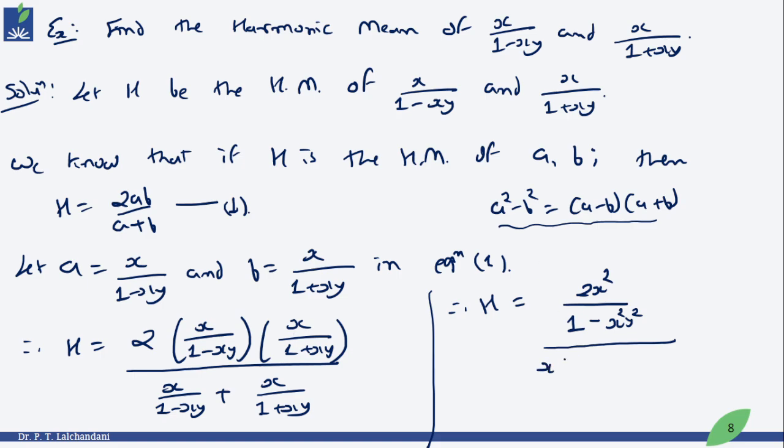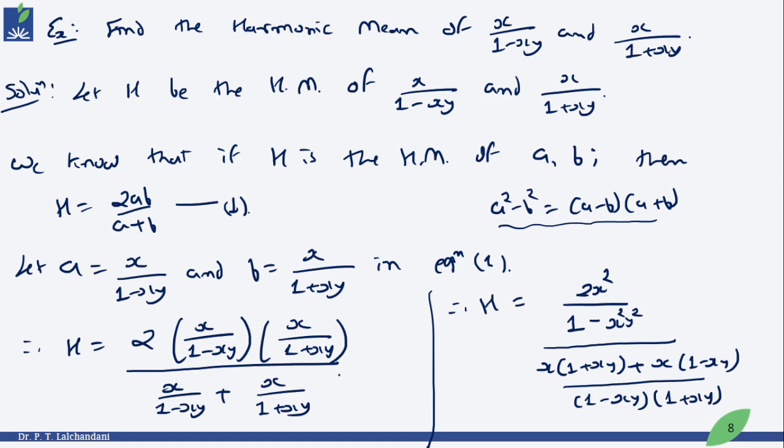It will be x into 1 plus xy plus x into 1 minus xy divided by multiplication, that means LCM, it is 1 minus xy, 1 plus xy.